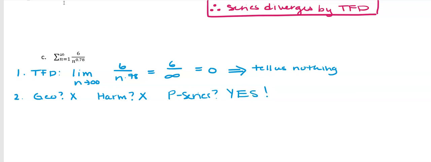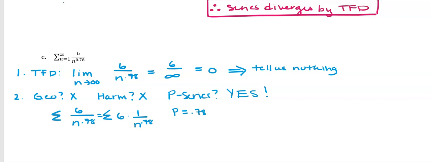It is of the form 1 over n to the p power. We have a coefficient of 6, but our p is going to be 0.78. So let me try to rewrite this. Here we have the sum of 6 over n to the 0.78. If I just take that 6 and pull it to the side, we are now perfectly in that p-series format. And so this is telling me that my p is equal to 0.78.